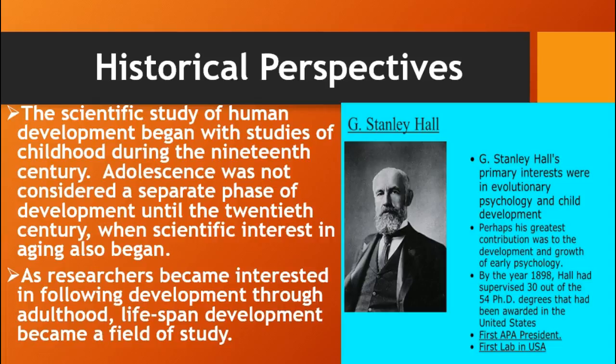And of course, his greatest contribution was to the development and growth of early psychology. By the year 1898, Hall had supervised 30 out of 54 PhD degrees that had been awarded in the United States. He was also the first APA president, or American Psychological Association president. He also designed the first lab in the USA that studies development.